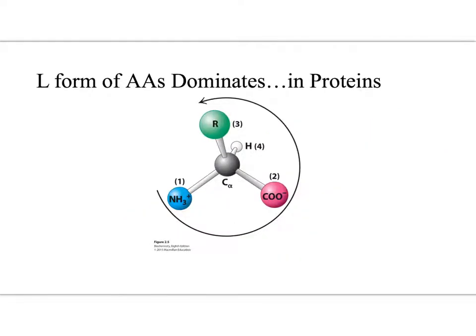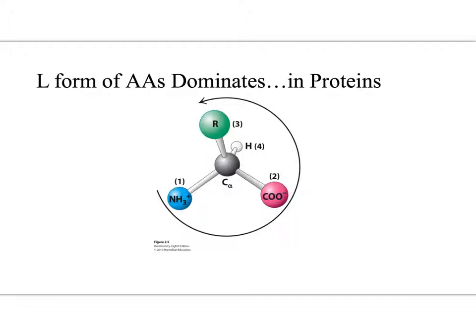So, as an aside, you've seen the S and R system in classes, so you've probably used the S and R system in organic chemistry, and that's based on the idea of prioritizing the different side groups that are present. The highest atomic number gets the highest priority, and the H or hydrogen atom would get the lowest priority and point away from you. And then you're looking at whether you have clockwise or counterclockwise.